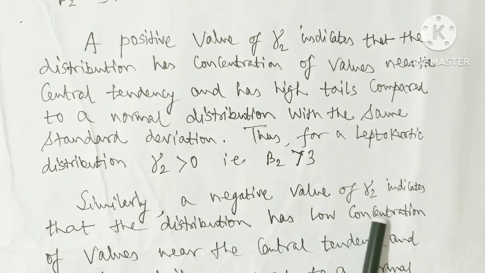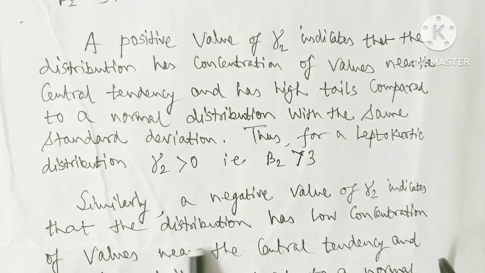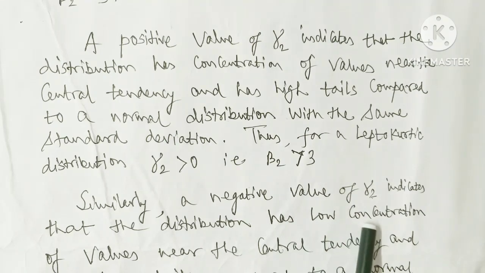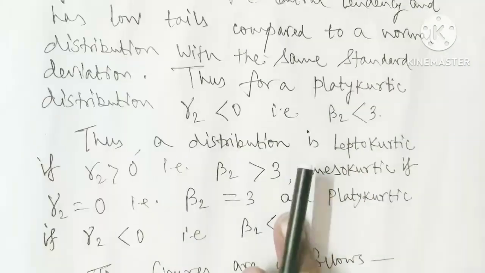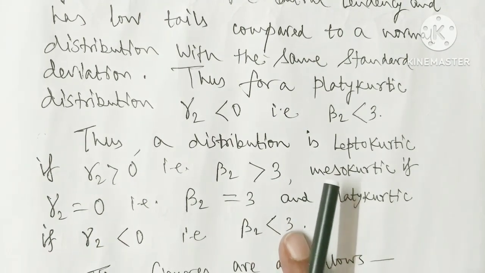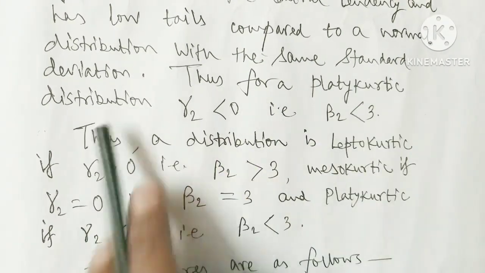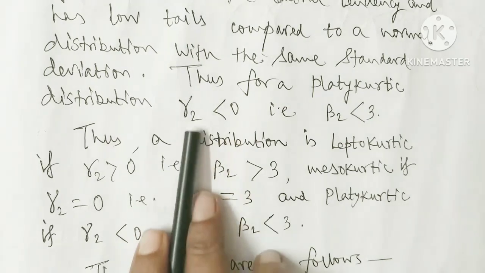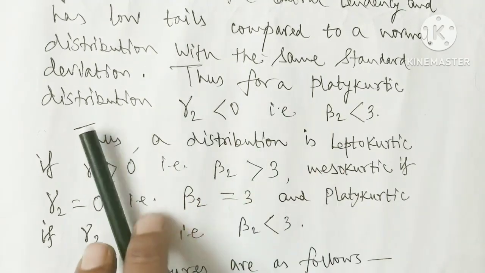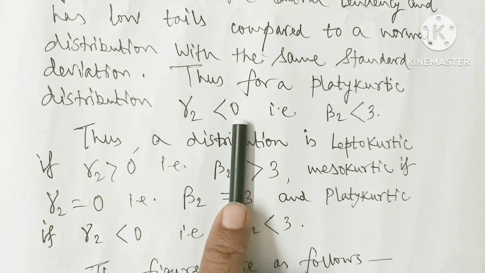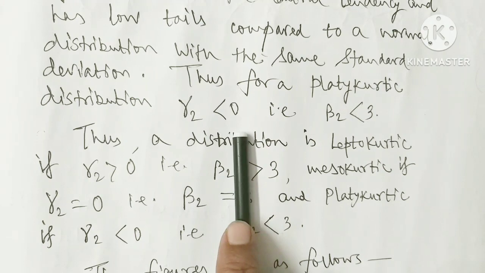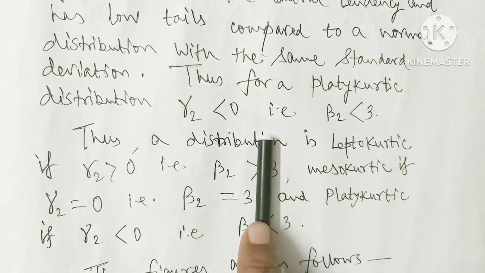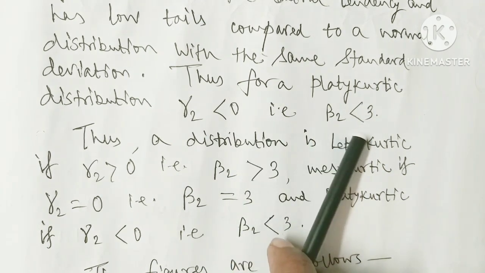Similarly, a negative value of gamma 2 indicates that the distribution has a low concentration of values near the central tendency and has low tails compared to a normal distribution with the same standard deviation. Thus, for a platykurtic distribution, gamma 2 is less than 0, that is, beta 2 less than 3. In the leptokurtic we got beta 2 greater than 3, and in the platykurtic we got beta 2 less than 3.